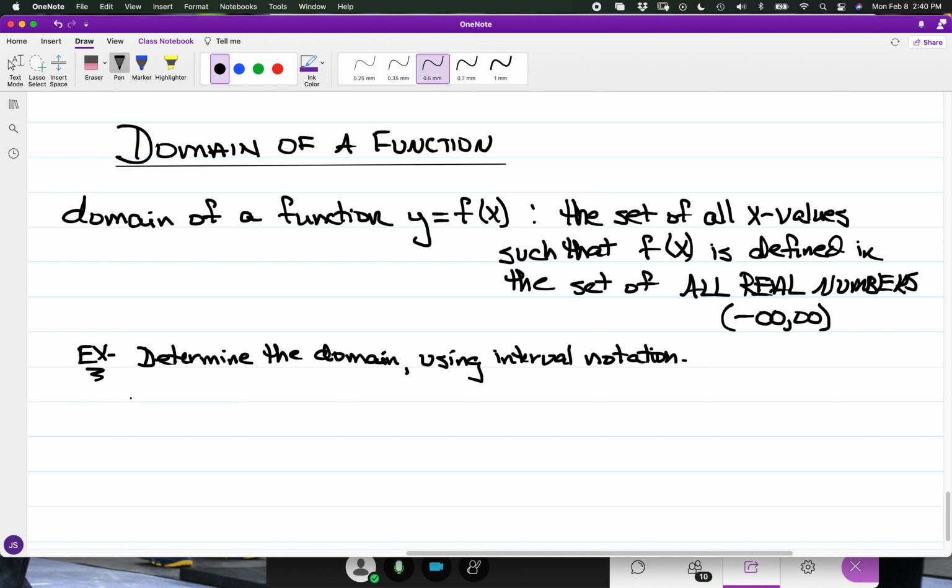We'll say we have as our first case f of x is equal to 3x plus 7.